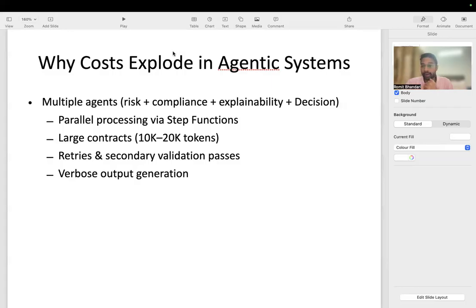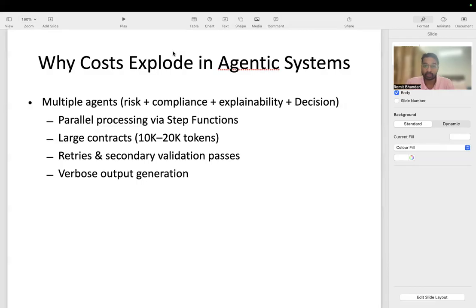And the contract size could be large. It could be well beyond 10k tokens, 20k tokens. By the way, one token, you can think of it as 4 characters, something like that.